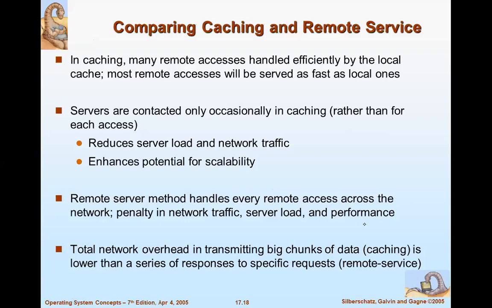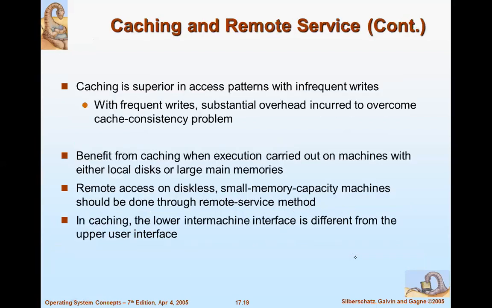The total network overhead in transmitting a big chunk of data is lower than a series of responses to specific requests. And that's why you can modify that. Instead of transferring the same data again and again, you can save it there in the local cache.